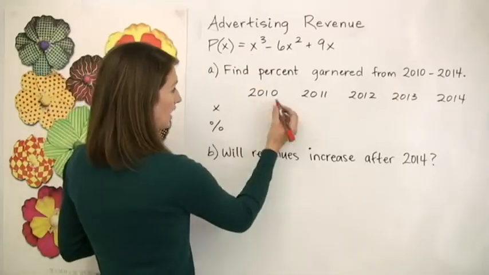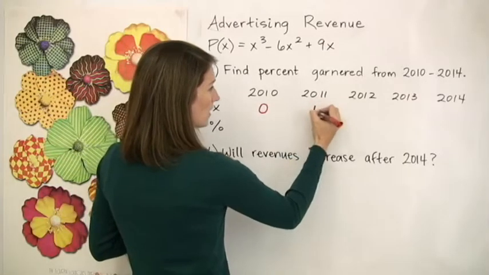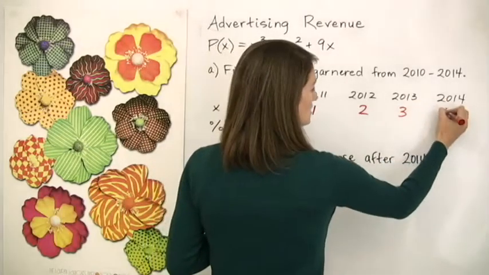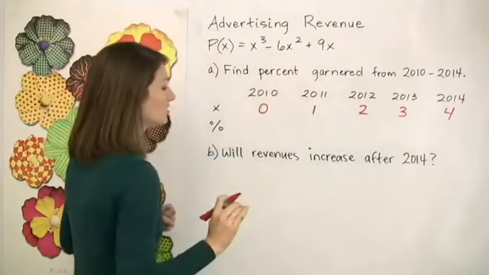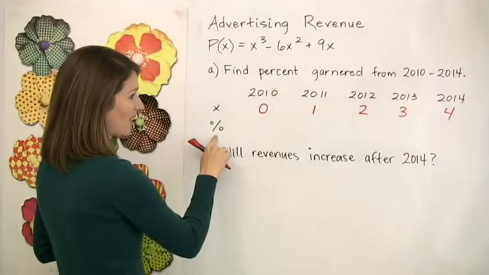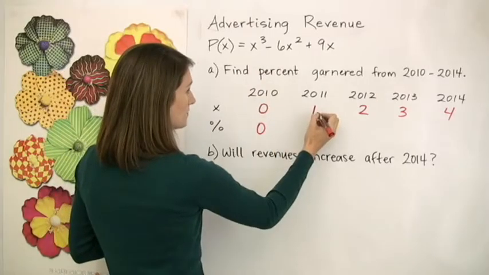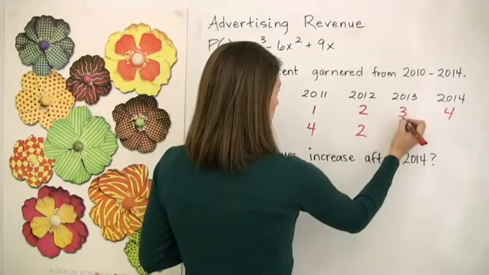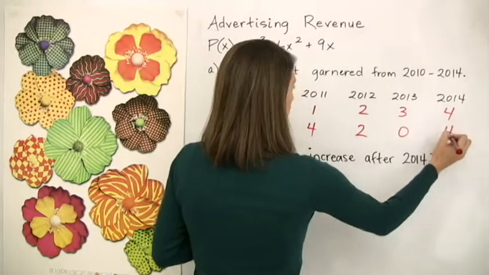So our values for x will be 0, 2011 is just 1 year past, so that's 1, 2012 is 2, 2013 is 3, and 2014 is 4. Then we just plug in these values into our function in order to get our percent values. So 0 plugged into this function is 0, 1 plugged in is 4, 2 plugged in is 2, 3 plugged in is 0, and 4 plugged in is 4.